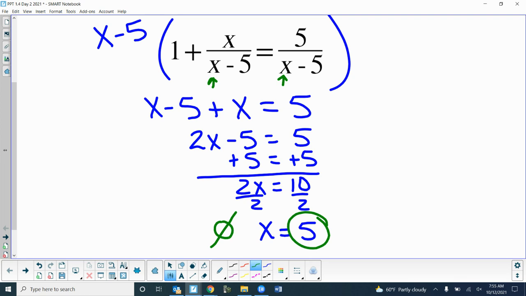Number 9 is 0 and plus or minus 4. So 0 works twice for that one. And number 12 is negative 2, and then 1 plus i radical 3 and 1 minus i radical 3. It's a sum of cubes, so we had to factor it as one of those binomial, trinomial. Any of those you want me to go over?